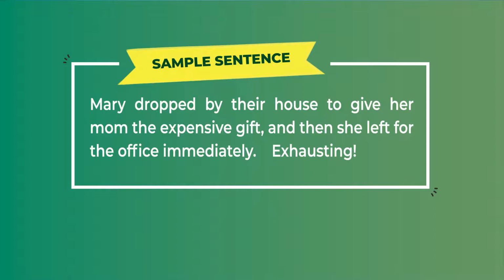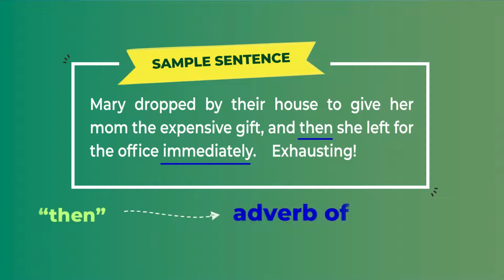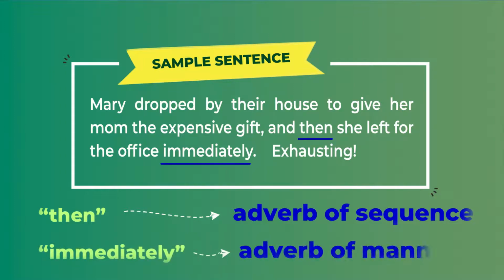The adverbs we have in the sentence are then and immediately. The adverb then here is a sequence adverb, while immediately here describes how and in what way the action of a verb is carried out. Immediately is an adverb of manner.